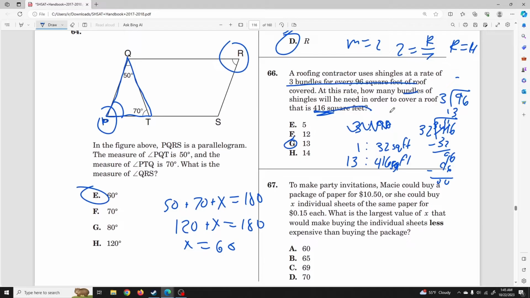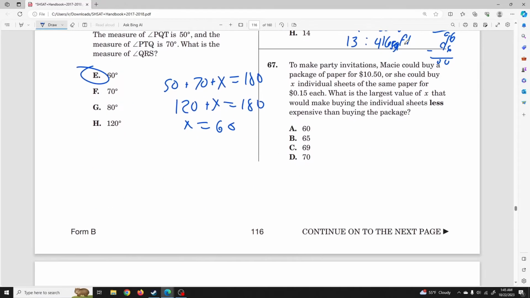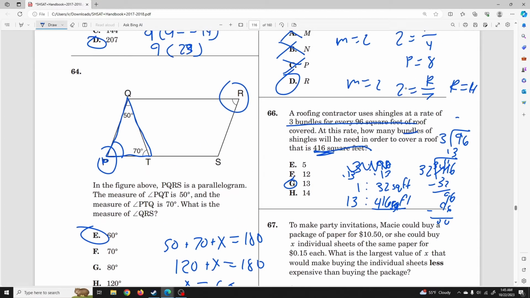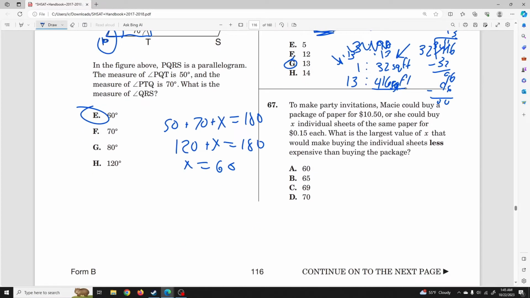So set up the proportion and then make it equal to 416. How do we get 416? We multiply both these values by 13. Whatever I do to one value inside of a ratio, I have to do to the other value inside of the ratio.